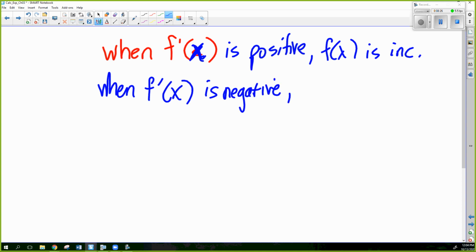When the derivative is negative, f of x is decreasing.